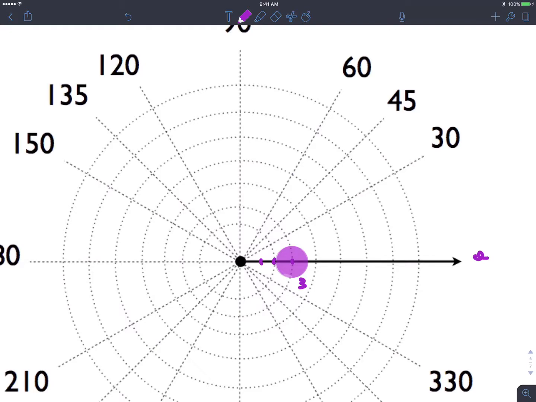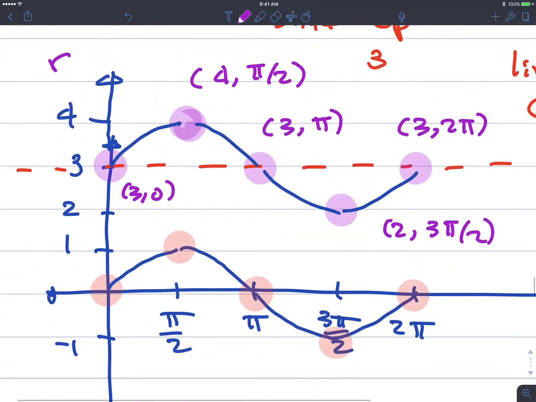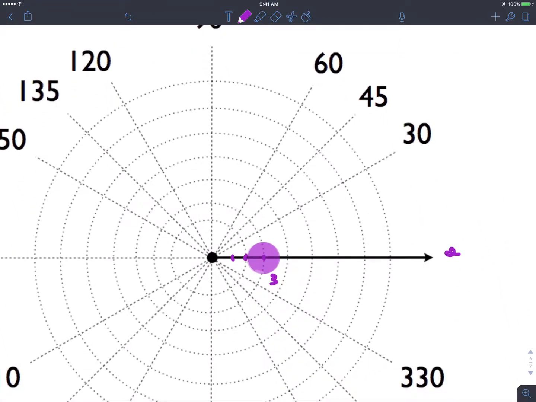There's my first point. Now, what's the next point? 4, pi over 2. So when we rotate 90 degrees here, we're no longer at 3, we're now at 4. So this is 1, 2, 3, and 4. Here's the location of that next point. This is 4, pi over 2.